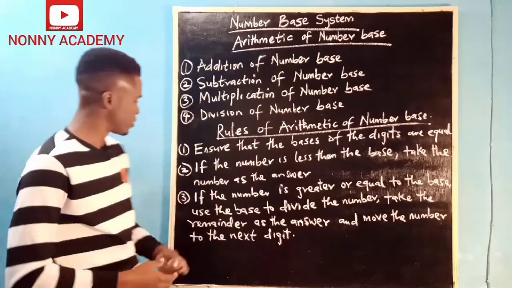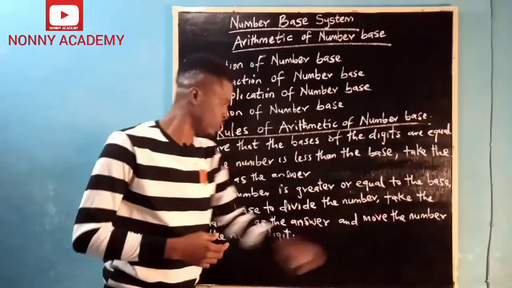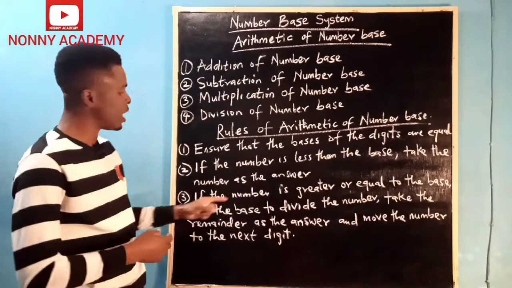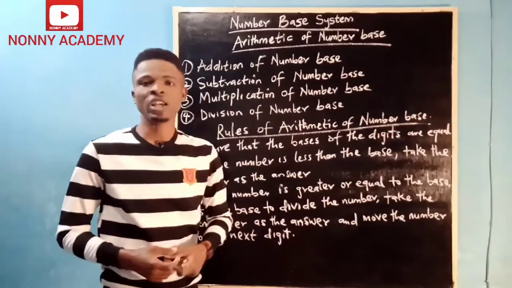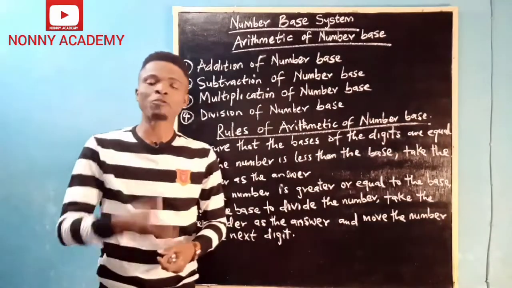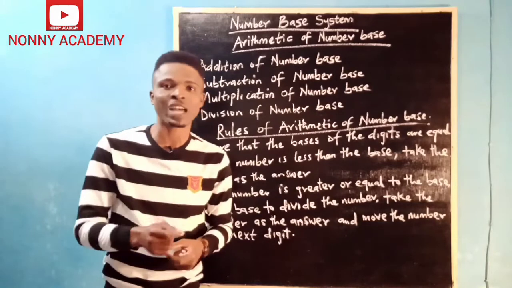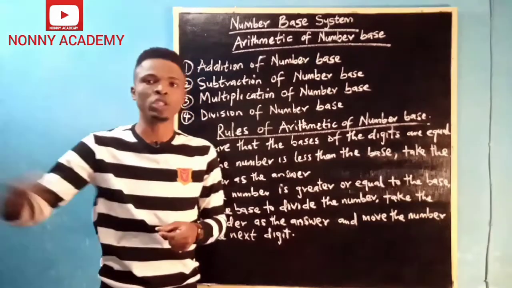The third rule says, if the number is greater or equal to the base, use the base to divide the number, take the remainder as the answer, and move the number to the next digit. That is to say, after adding, after subtracting, after multiplying 2 numbers together, and I found out that the answer is greater or equal to the base.